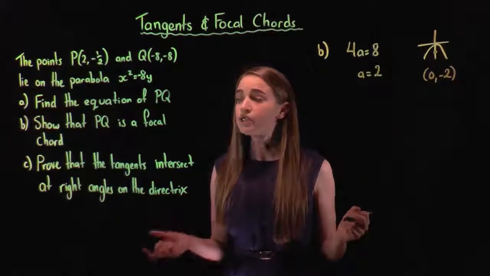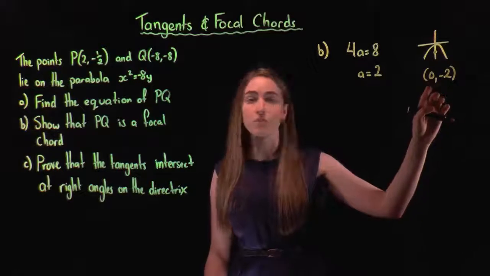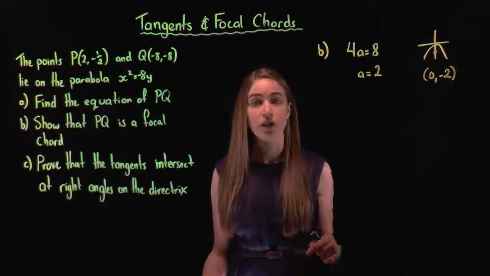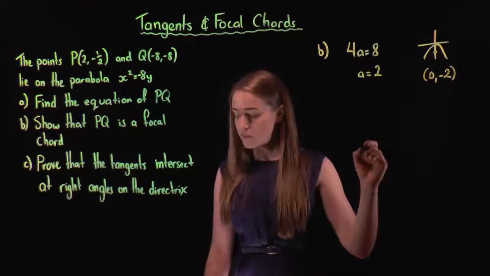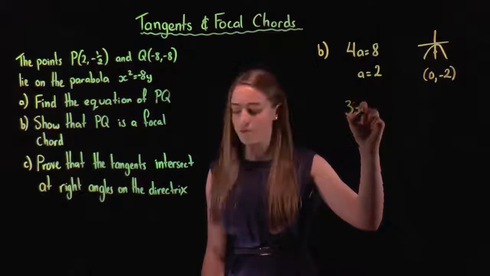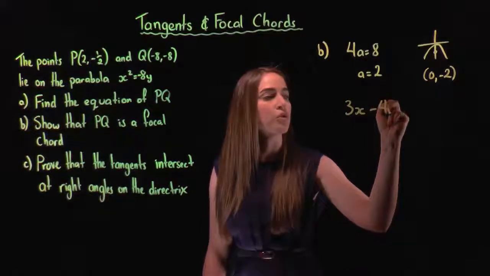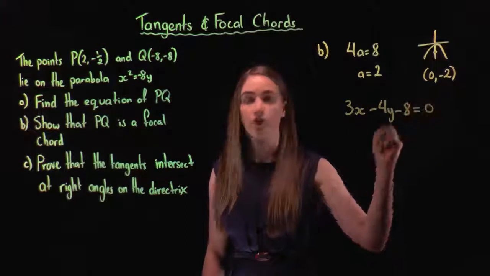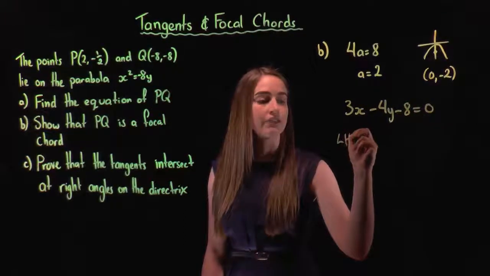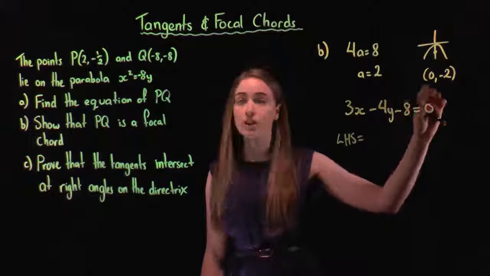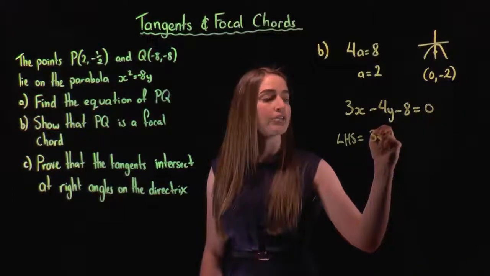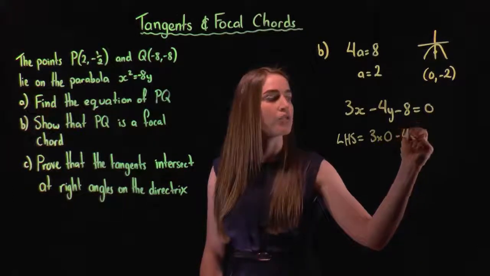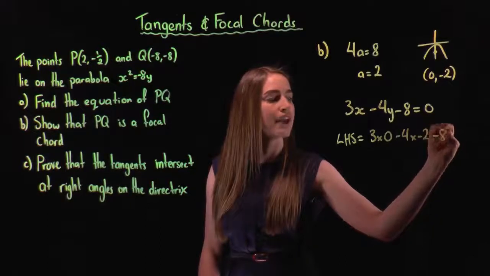To prove that it's a focal chord, we need to prove that that point satisfies the equation that we got in part 1. Just to remind myself, it was 3x - 4y - 8 = 0. If we substitute in our x and our y, we have 3 times 0 minus 4 times -2 minus 8.